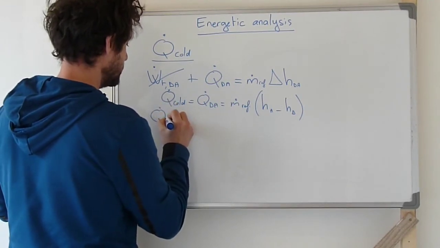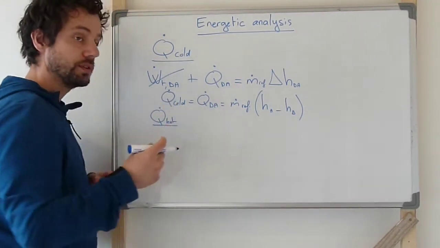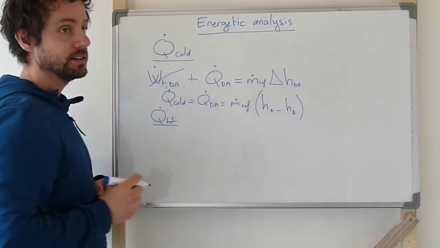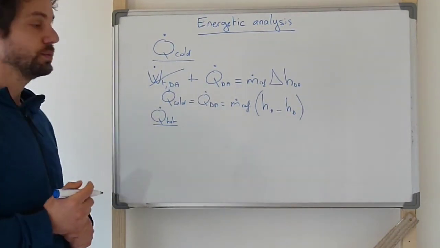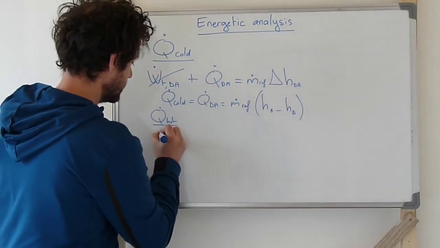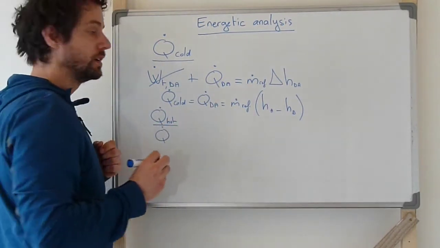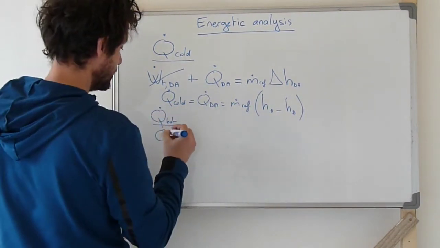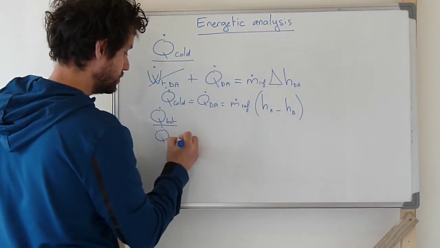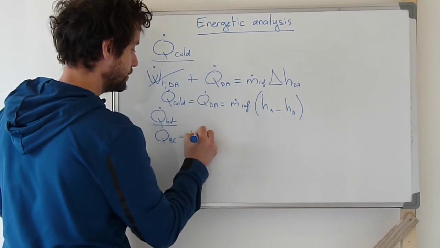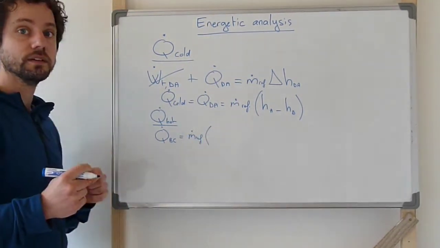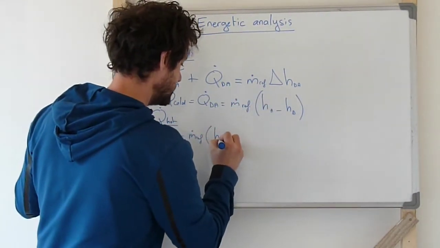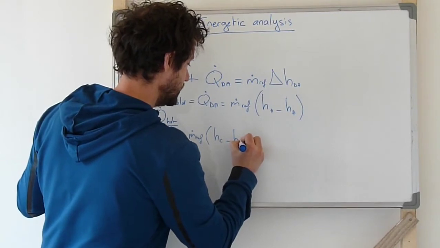Q hot now. So that's the heat exchange with the hot source in the condenser. We can do exactly the same analysis. It's a heat exchanger, so there's no technical work exchange, and the heat transfer from the inlet of the condenser point B to the outlet point C is equal to the mass flow rate of refrigerant times the difference of specific enthalpy across this heat exchanger, so HC minus HB.